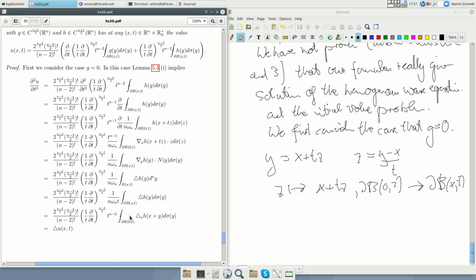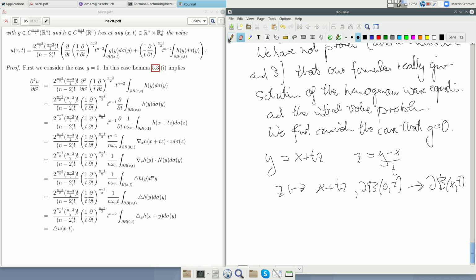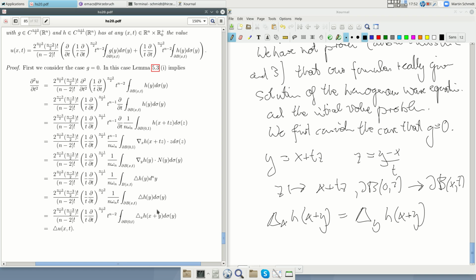But for the sum, dx h of x plus y is of course the same as dy h of x plus y. The derivative with respect to y is the same as the derivative with respect to x. Okay, so we now have this term.